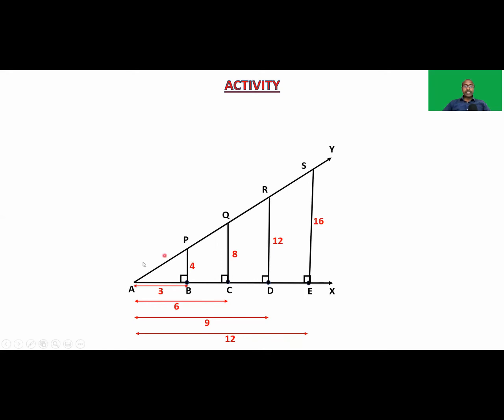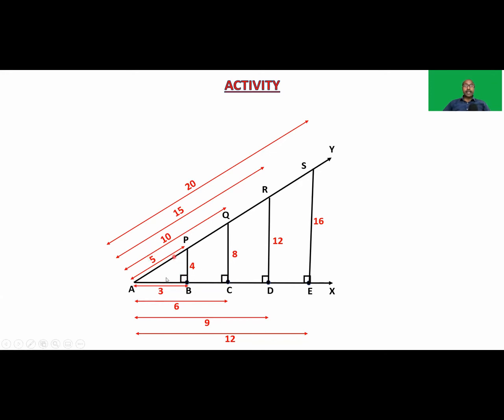By finding the distances AP, AQ, AR, AS, we get AP as 5 centimeters, AQ as 10 centimeters, AR as 15 centimeters, and AS as 20 centimeters. From this picture, here we have 4 right angle triangles.